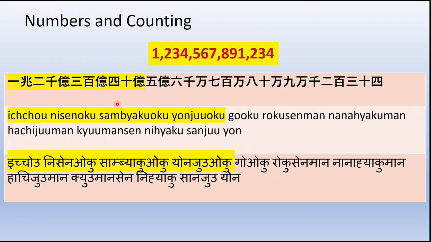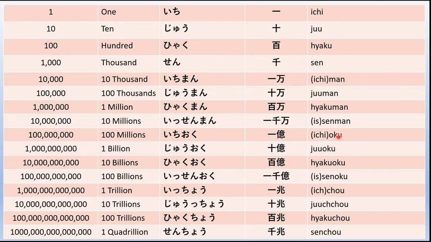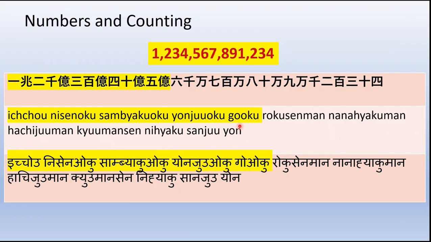Nisen oku is the place value of 2. Sambyaku oku is the place value of 3. Yonju oku is the place value of 4. Next is the place value for 5, which will be go oku, because after ju oku we have ichioku, or simply oku. So we have go oku.